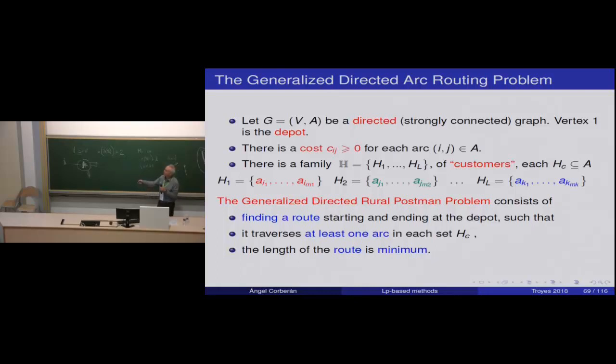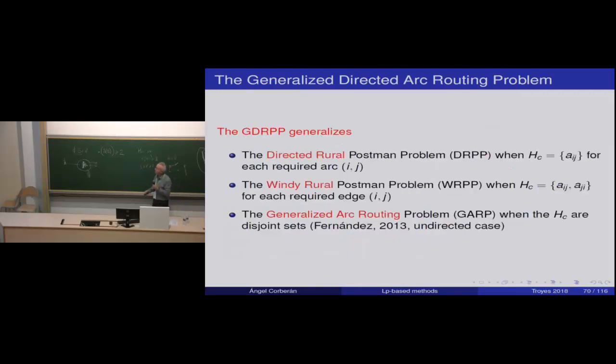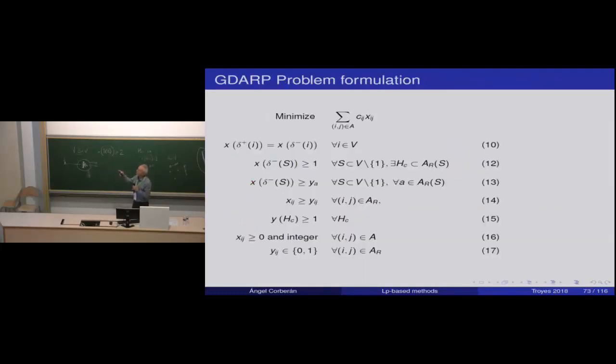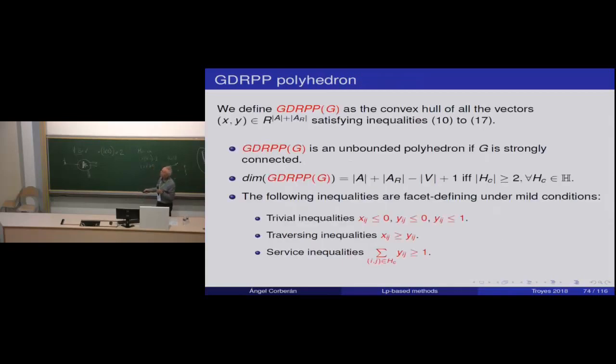What we have to find is a route starting and ending at the depot, traversing at least one arc in each of these subsets, such that the route length is minimum. It generalizes several problems. I have this, you have the details. Again, the notation is similar. The formulation too.